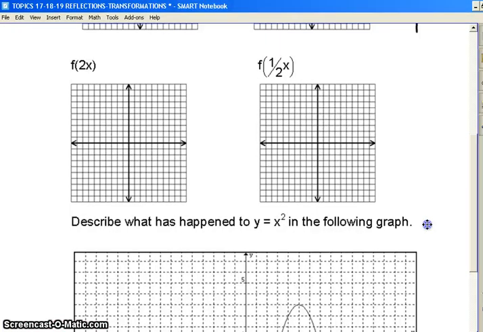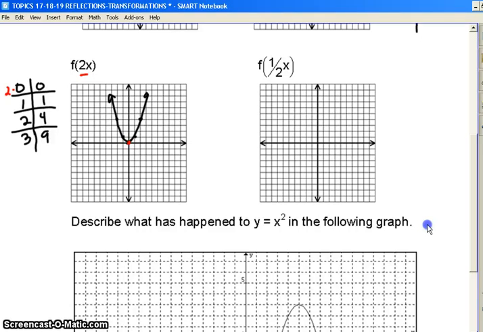okay, let's compare the original parent function first. Okay, so that's the points 0, 0, 1, 1, 2, 4, 3, 9. Okay, this time we're taking all of our x's and multiplying them by 2. So 2 times 0 is still 0, and 0 squared is still 0, so we still have the point 0, 0.